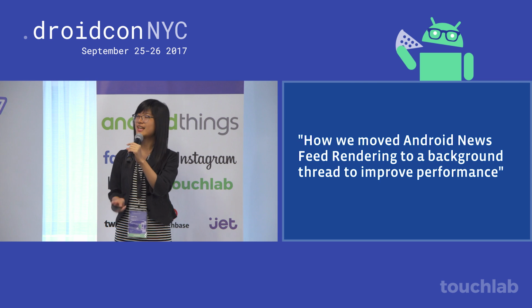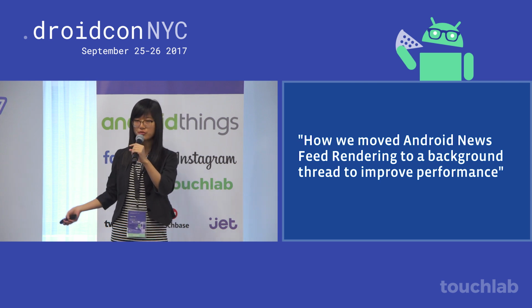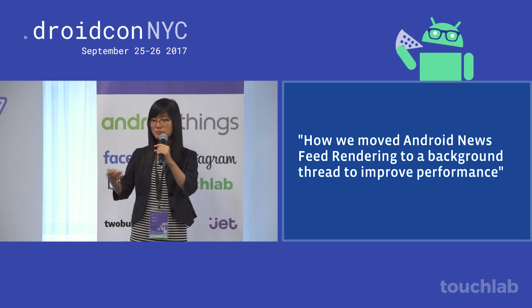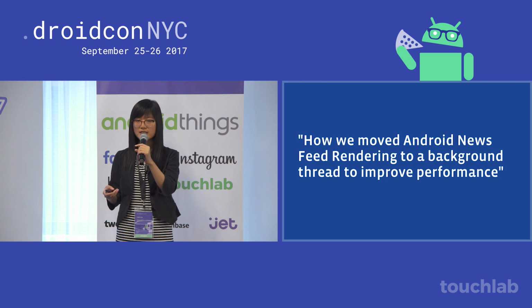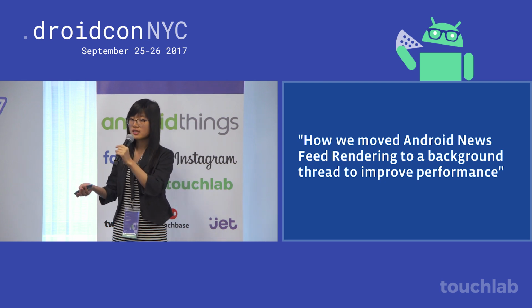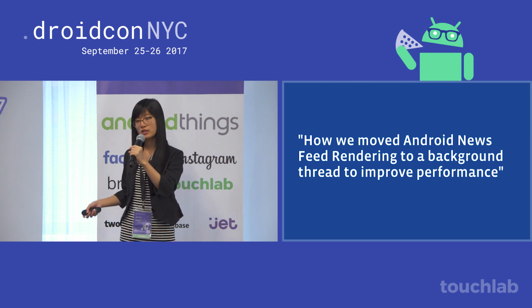So today we'll talk about how we moved Facebook Android newsfeed rendering to a background thread, improving scrolling performance. Originally, Facebook newsfeed was built using standard Android views. But just recently, we updated all of newsfeed to use the Litho framework.